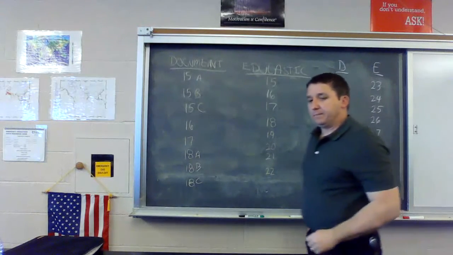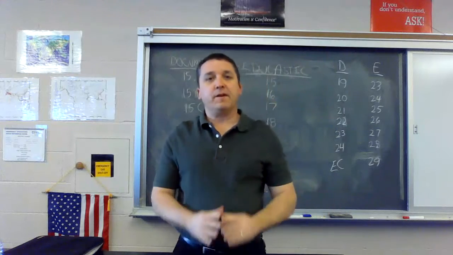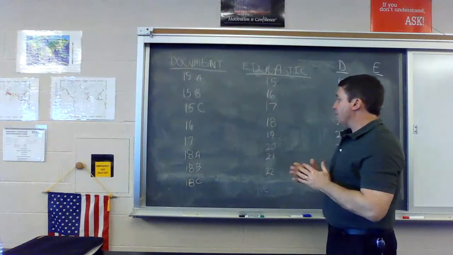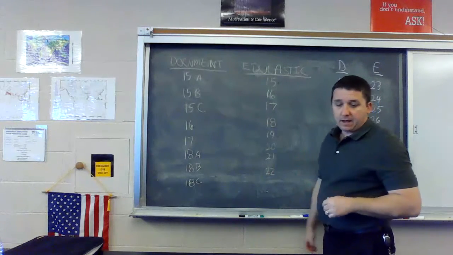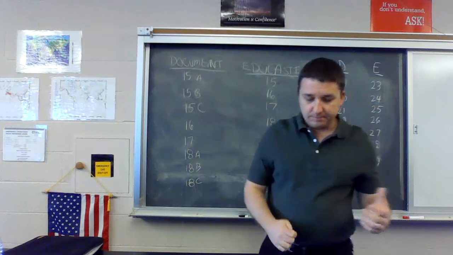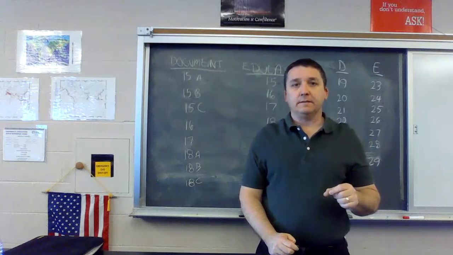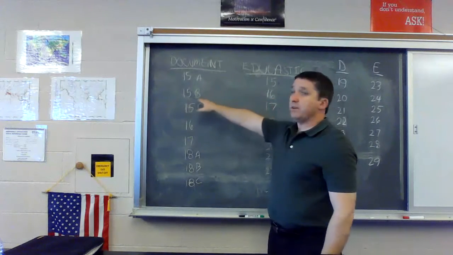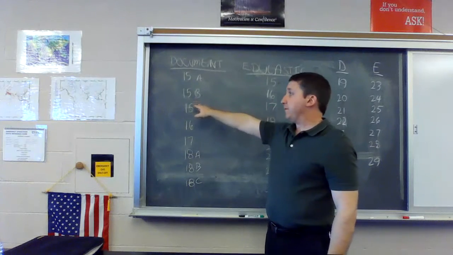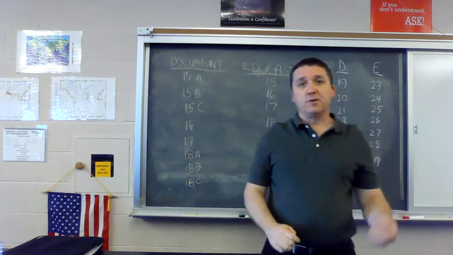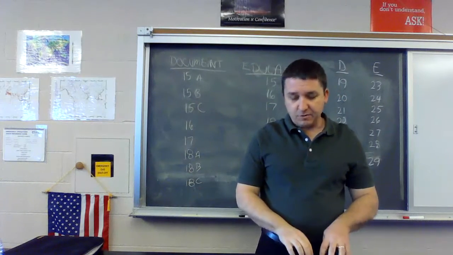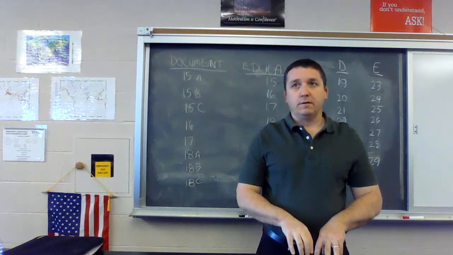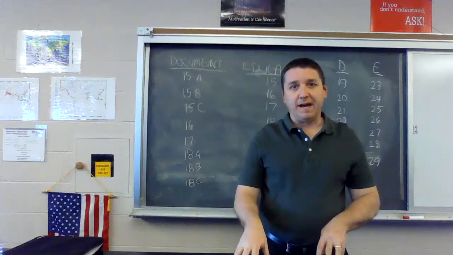Now, it would be very helpful if, when you get to number 15, you put in there 15A, and then when you get to question 16, you're dealing with part B of number 15, just put 15B, and so on and so forth, because I'm trying to look for a way to grade these in a timely fashion.